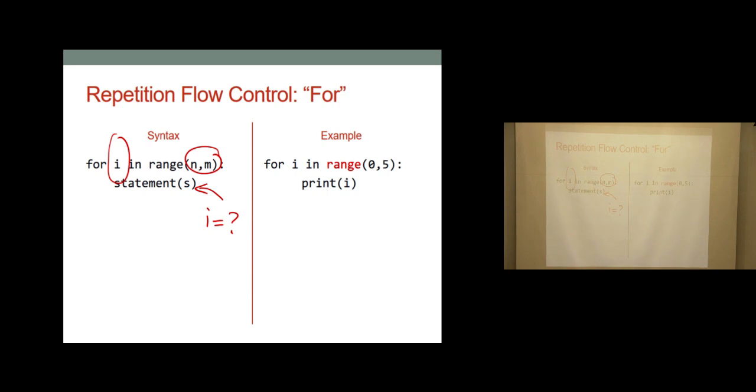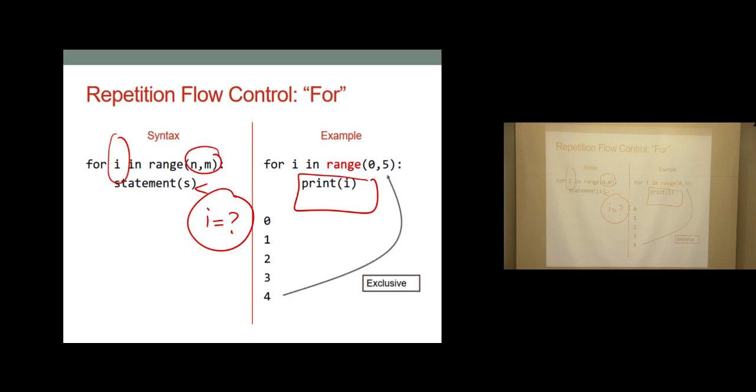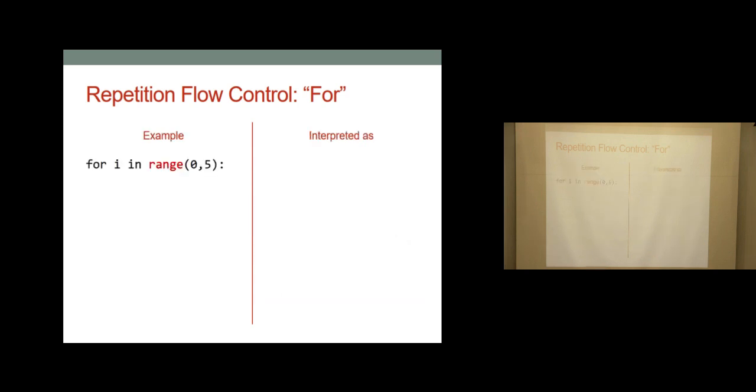Do I print 5? No. Okay, 5 is exclusive. So the final answer is 0, 1, 2, 3, 4. So that means i will have a value such that when you execute anything inside, i is equal to that value.